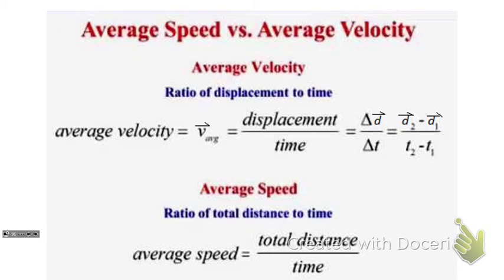But something you need to remember is that a delta is a change in something, and it's always going to be d2 minus d1, or t2 minus t1, or v2 minus v1, right? The second minus the first, okay?